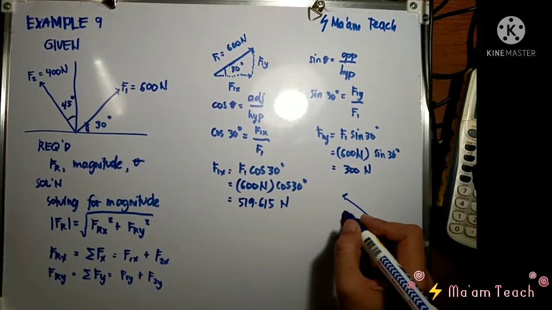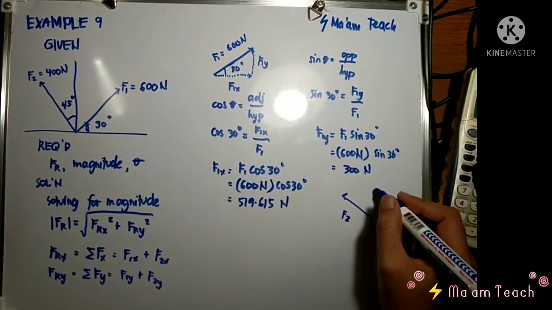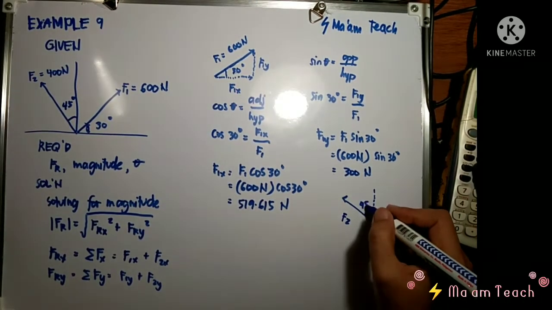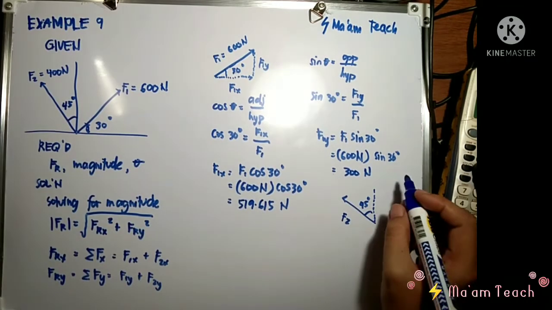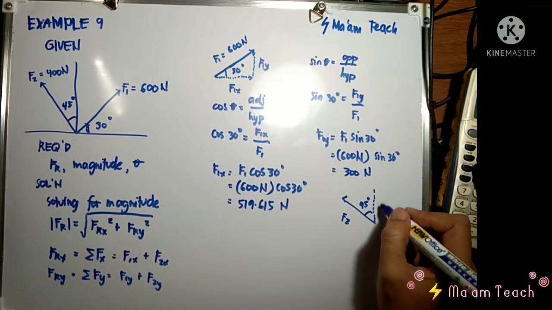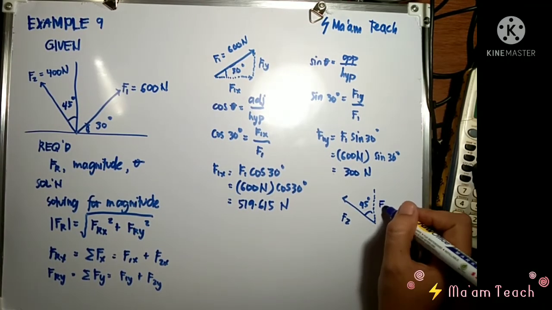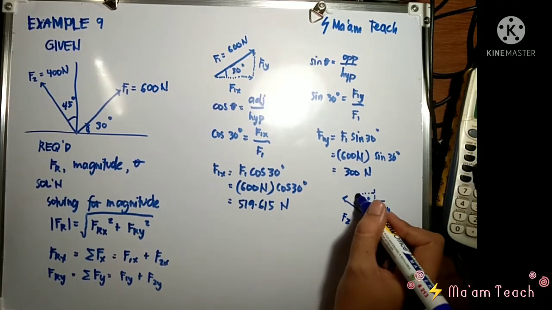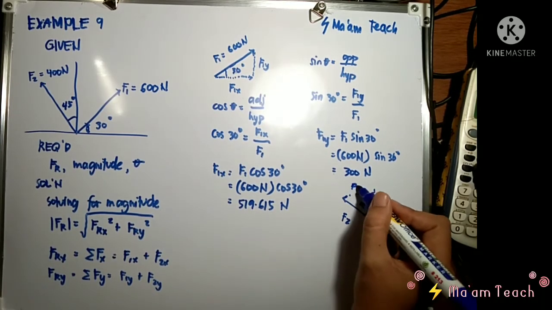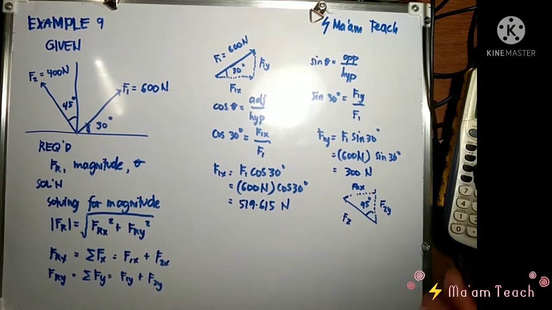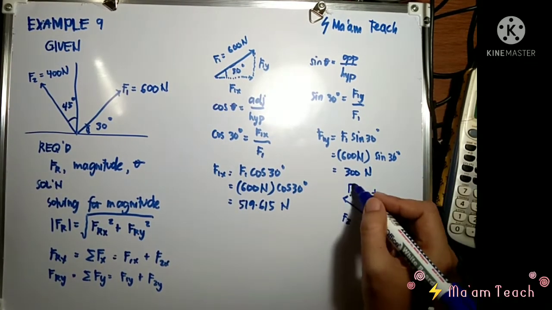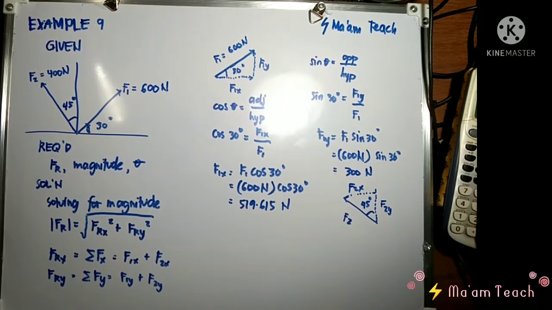So this is the angle given, 45 degrees. Obviously this part right here is the y component of F sub 2, and this part is your x component. This is F2x.